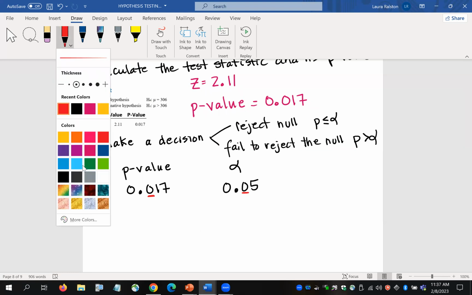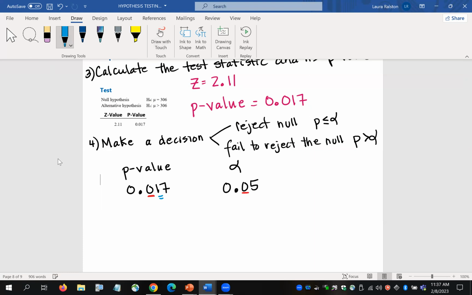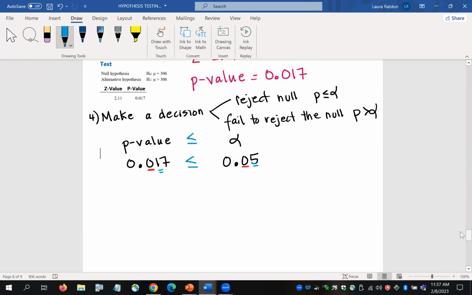Second number is 1 compared to 5. 1 is less than or equal to 5. So P is less than or equal to alpha. Since P is less than or equal to alpha, we reject the null.